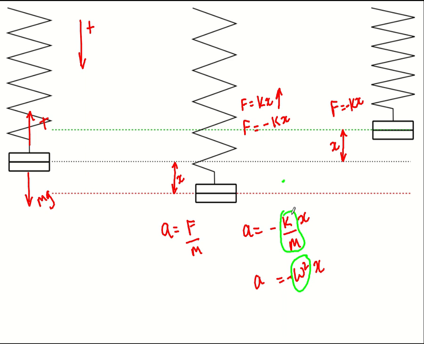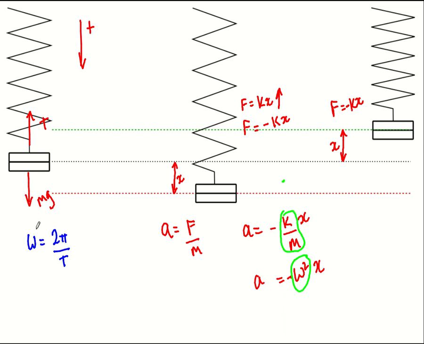Well, it means we can find out the time period of this in relation to the spring constant and the mass, because we know that omega is 2 pi over T. 2 pi radians in 1 revolution, T seconds to do 1 revolution. But we also know now that omega squared is equal to k over m.